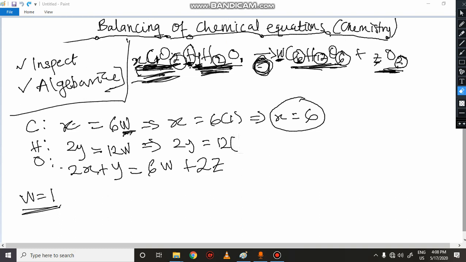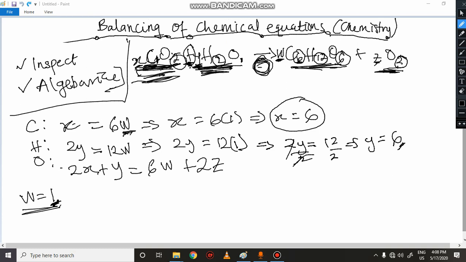I hope you are getting me. So this implies 2y equals 12. So divide here by 2, divide here by 2. Let's cancel this. This implies y equals 6.